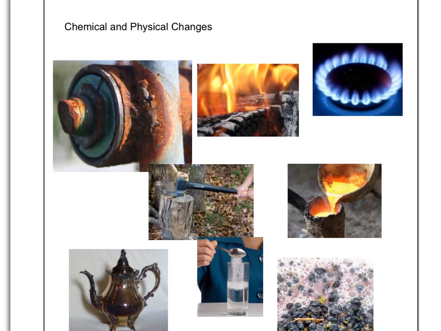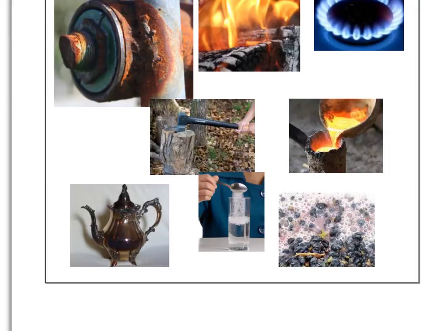Then also down here a little bit lower, this one is silver tarnishing. All these words like tarnishing, fermenting, rusting, burning really indicate a chemical change. And these are grapes fermenting.